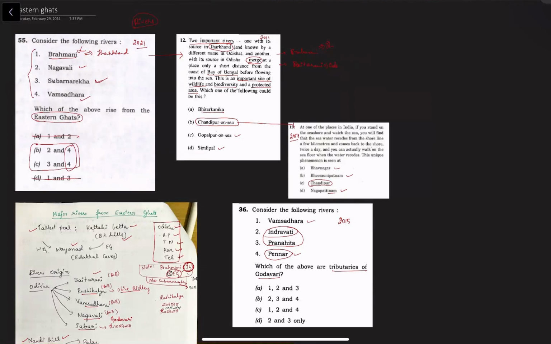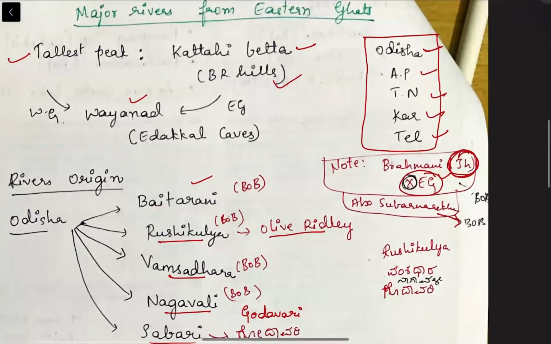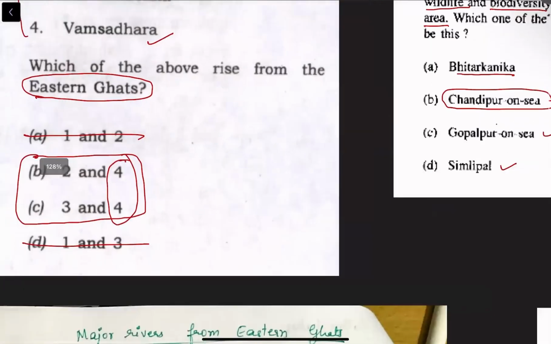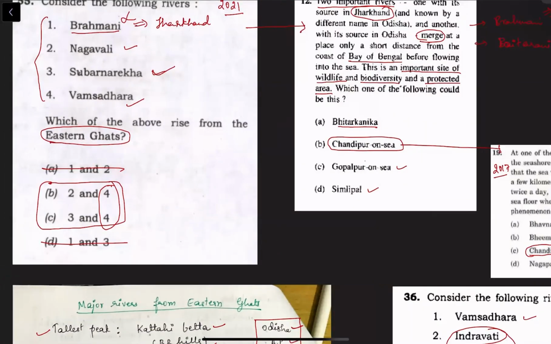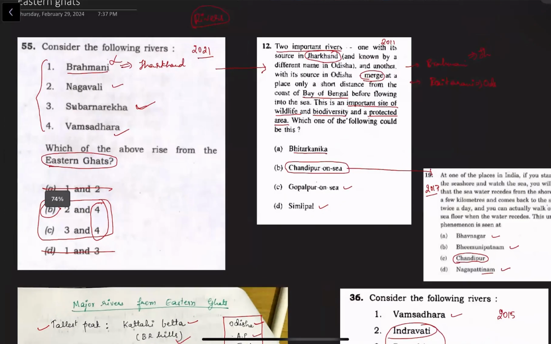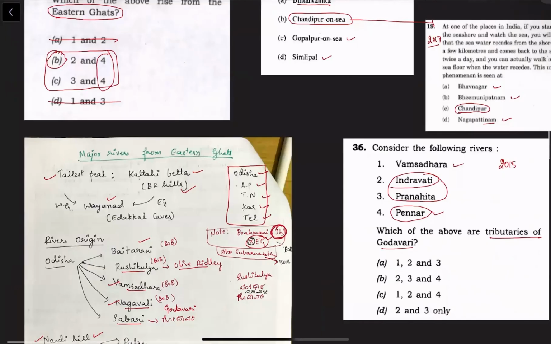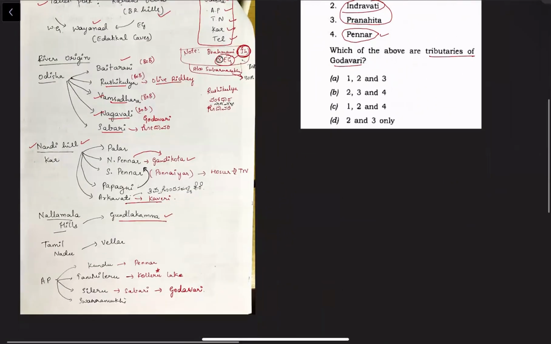That the right answer lies between B and C. And with this, Nagavali and Vamshadhara are the 2 rivers in Odisha which have their origin in the Eastern Ghats. So the right answer is B. By solving this question, we have also established links between the previous year questions, and we have consolidated the major rivers which rise from the Eastern Ghats. Thank you.